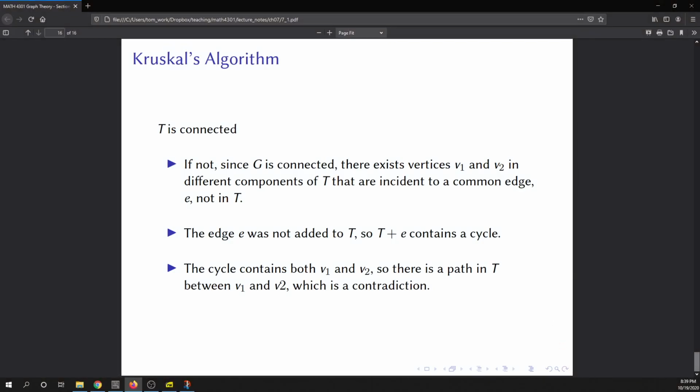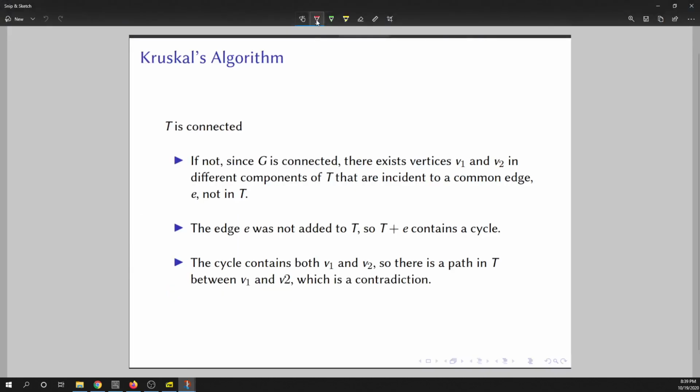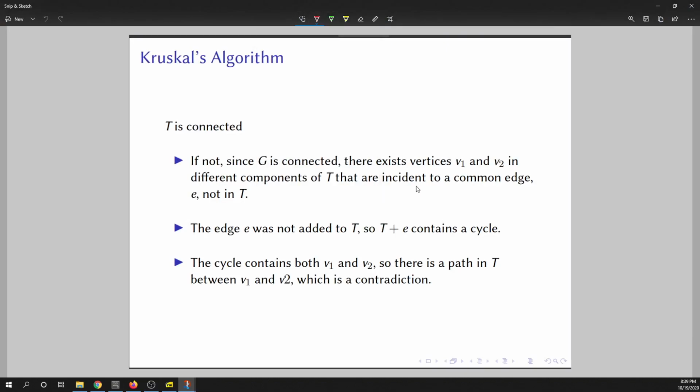Okay, so if T is not connected, that means T will have multiple components. It'll have 2 or more components. So you might have a component here, whatever that looks like, and some other component. I'm not drawing the full graph, just trying to illustrate this argument here.